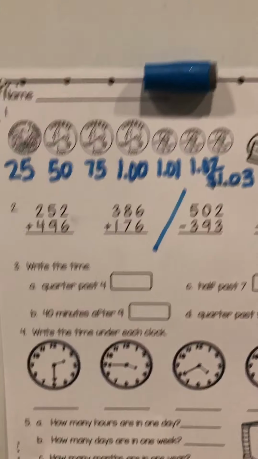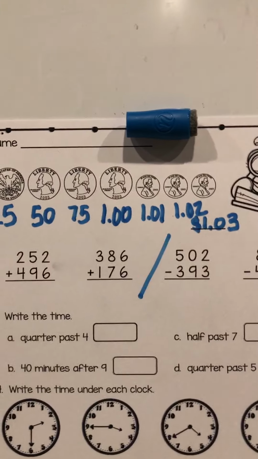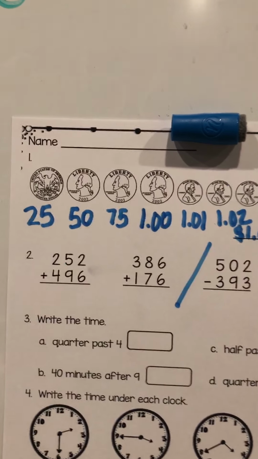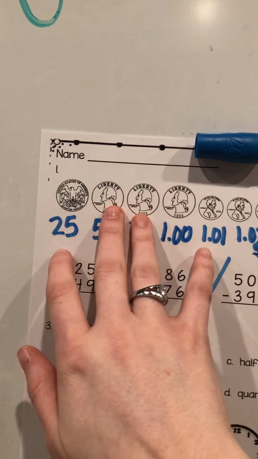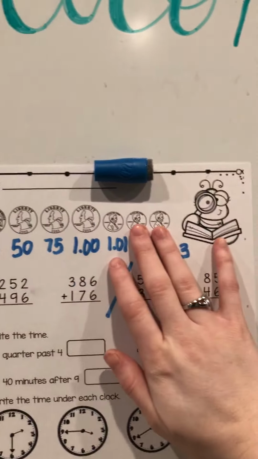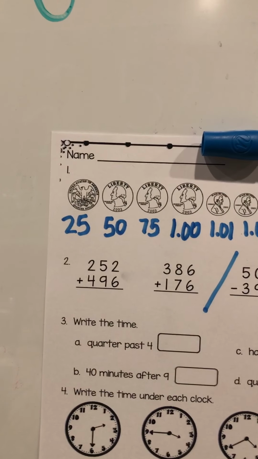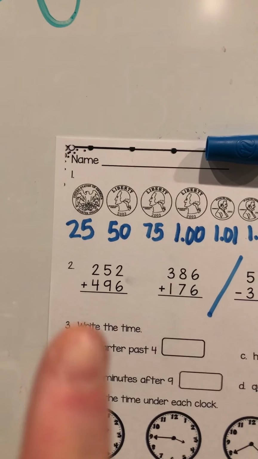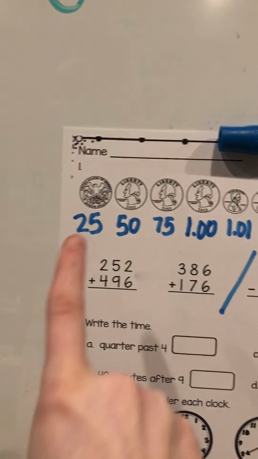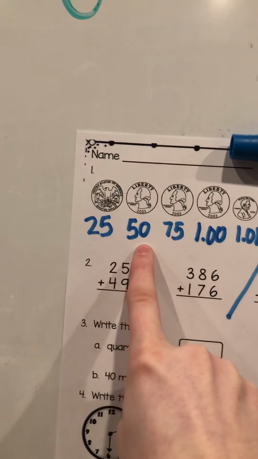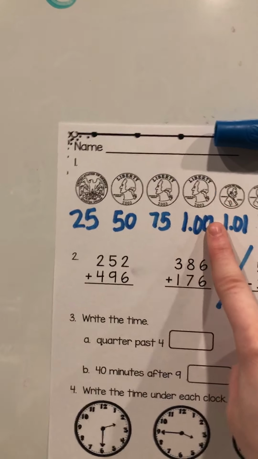So to start off, we're going to count our coins and we're going to look to see what we have, and we can see that we have quarters and we have pennies. So I want you guys to count through with me, and we're going to count each quarter: 25, 50, 75, $1.